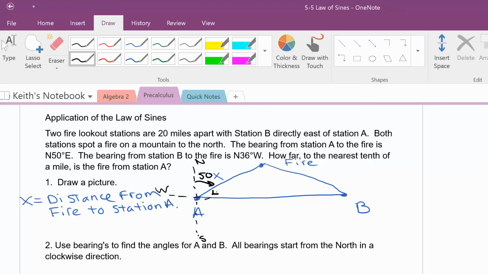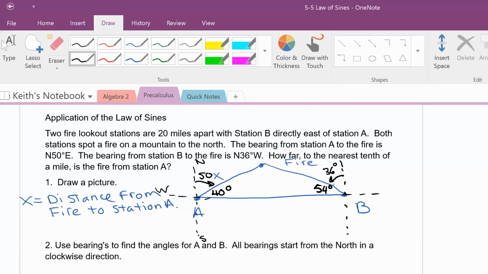So this little space here has to be 40 degrees. Then the same thing on the other side. This is 36 degrees west. So then this would be 54 degrees, because 90 minus 36 is 54 degrees.